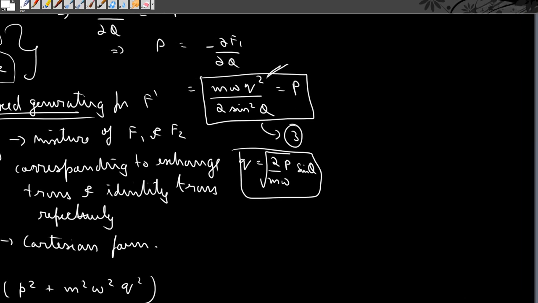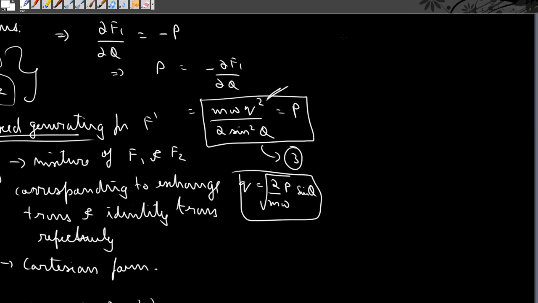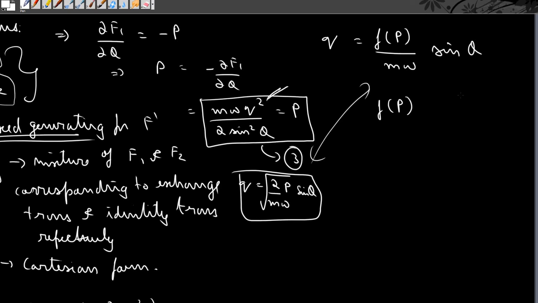All right, so if you compare it with our initial equation, which says that q is f of P by m omega sine Q, then comparing these two equations, we immediately see that our f of P should be equal to what?